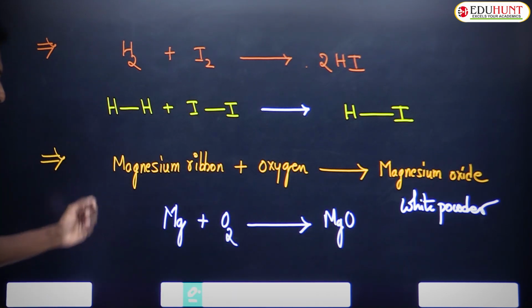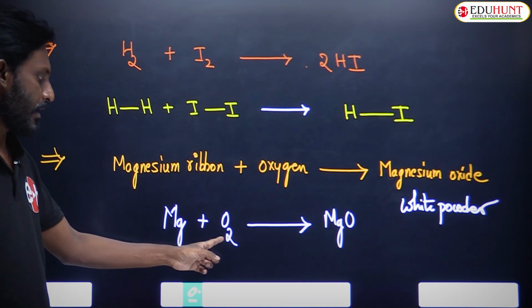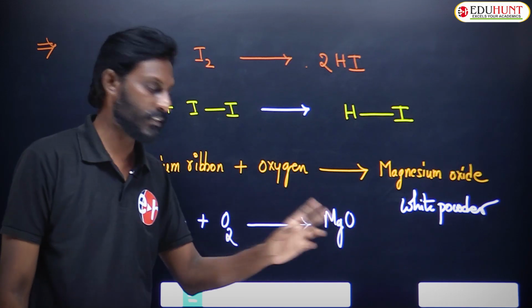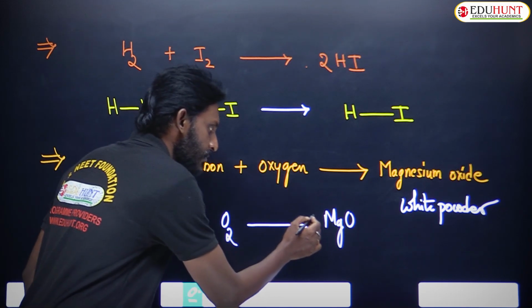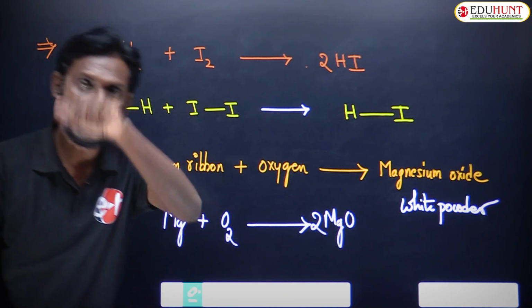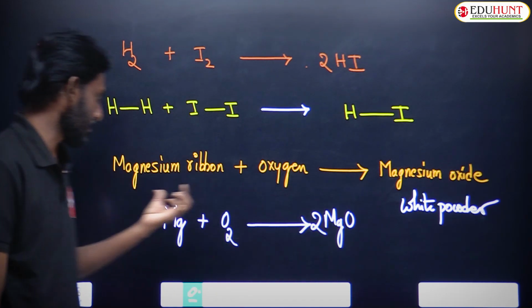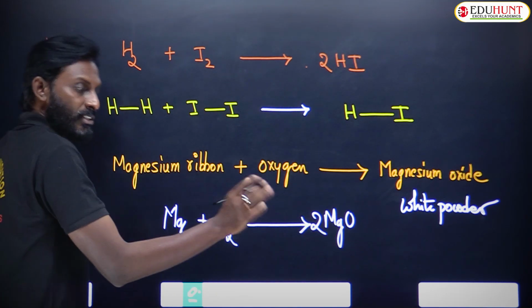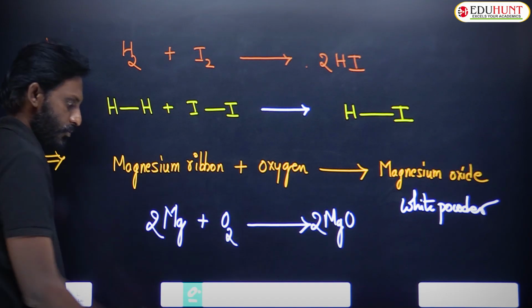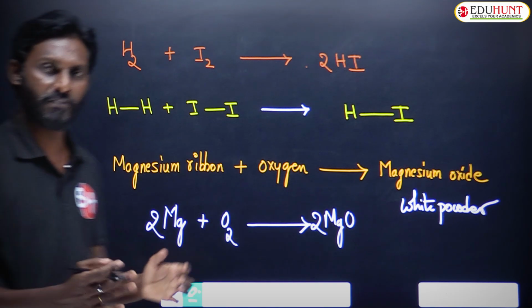Now try to balance this. There are 2 oxygens and you must show 2 oxygens on the product side also. For that, use the coefficient 2 here. In that process, there are 2 magnesium, so to show two magnesium atoms here, I am writing coefficient 2 here. So it is balanced. This is the way of balancing.